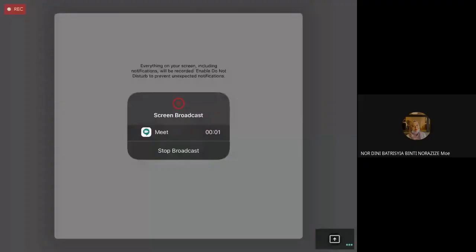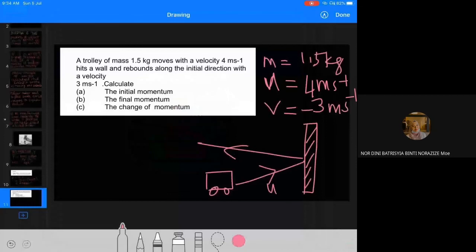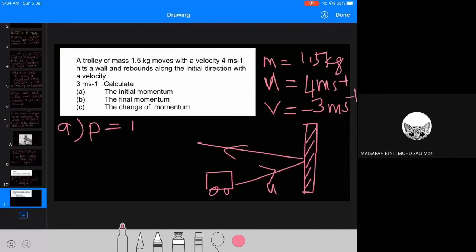Alright. So initial momentum tu maksudnya ialah yang mana? Momentum awal ialah momentum sewaktu dia langgar dinding atau sewaktu dia memantul dari dinding? Langgar dinding. Yes, langgar dinding, betul? So P equal to mu.